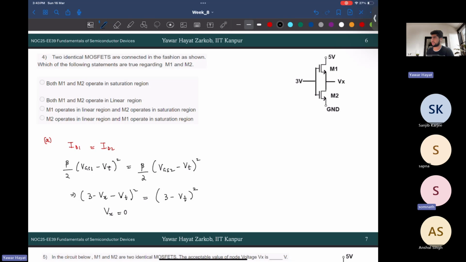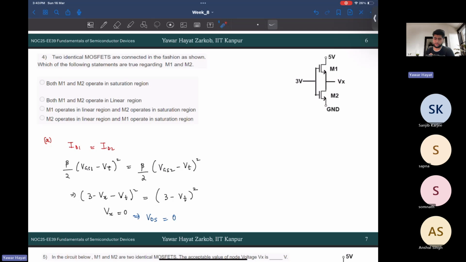And when your Vx is equal to 0, then your VDS2 would be equal to 0. Because when this is 0, this is drain, this is source, VDS is 0.